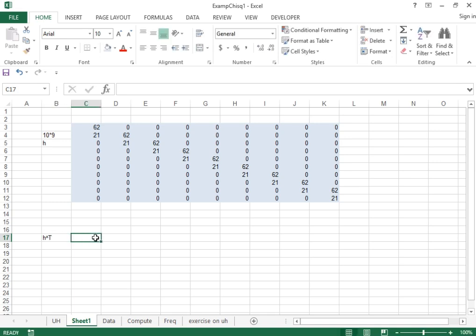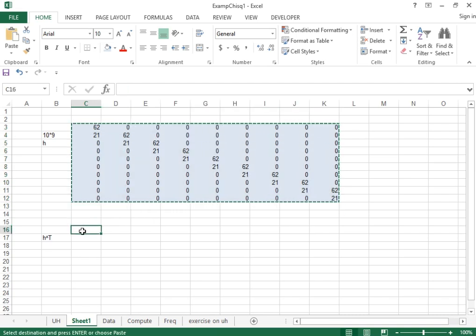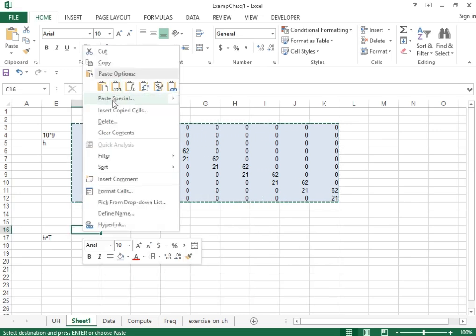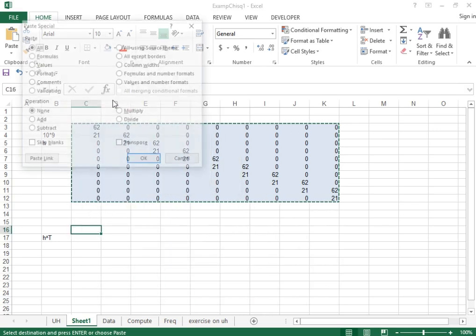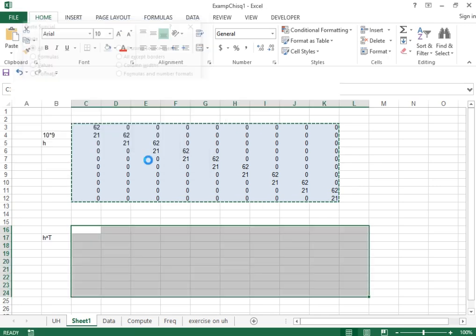In order to determine the transpose of the matrix, you should copy this, and proceed to where you want to transpose the matrix. Right click here, proceed under paste special, under paste values, and select transpose.